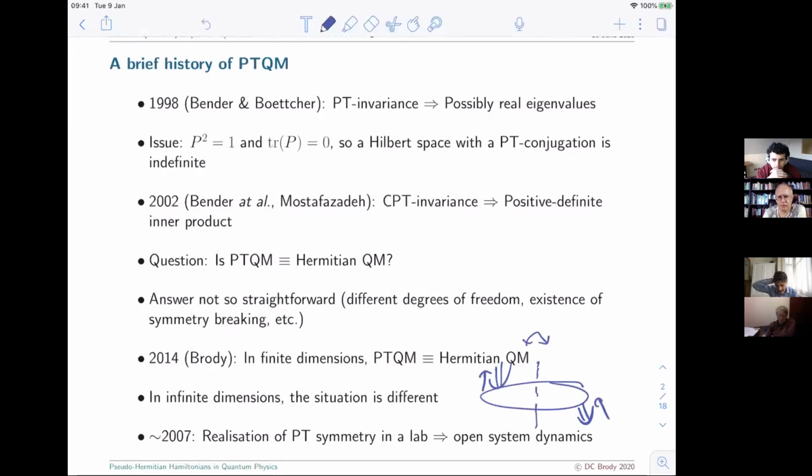And therefore, you can implement PT symmetry in the lab, and that caught a lot of interest, leading to all sorts of experiments being performed, starting with optics, and there are many other experiments in which interesting effects have been observed for open systems.